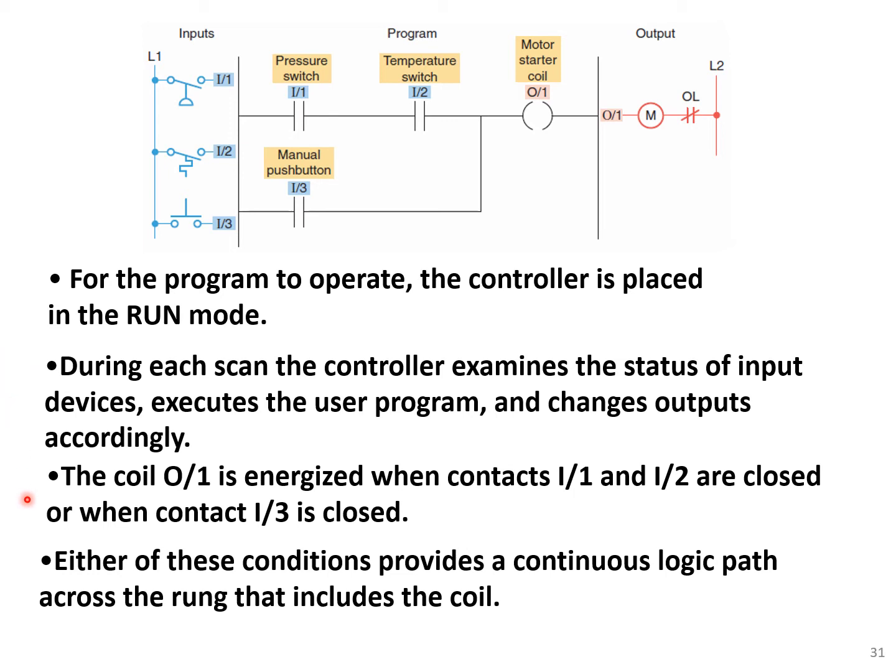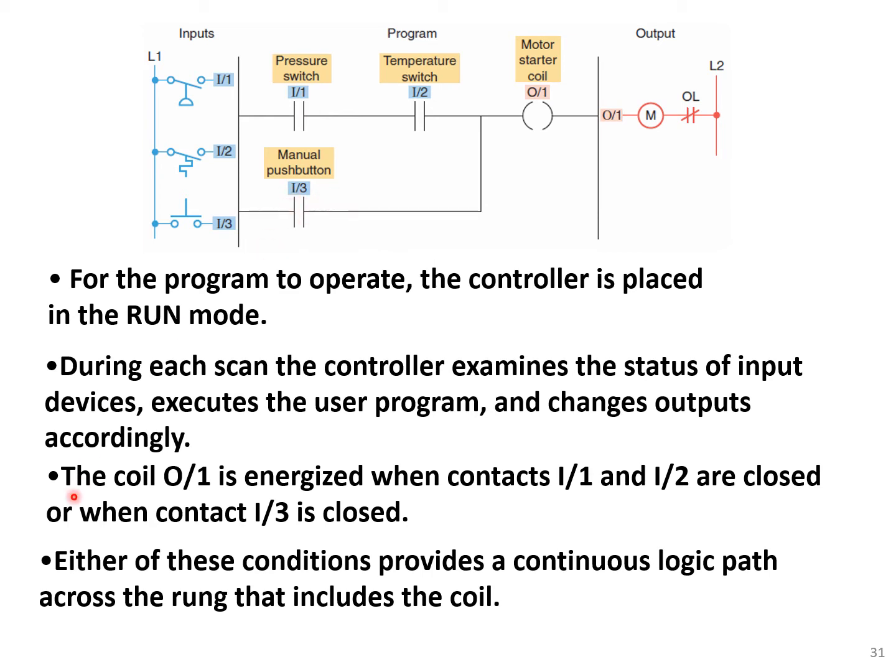The coil O1 is energized when contacts I1 and I2 are closed, or when we have the parallel branch, so it's OR logic, or when contact I3 is closed.